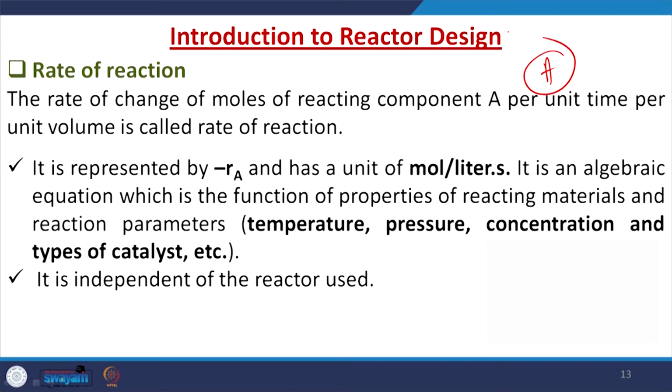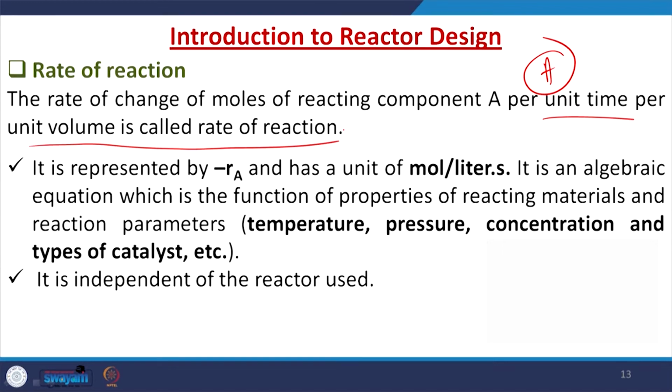Then another approach is extremely important, and that is the rate of a reaction. In other words, the rate of a reaction is the most important part of your reactor design. Let us have two components in the reaction mass, say one is A. The rate of change of moles of a reacting component A per unit time per unit volume is called the rate of reaction.